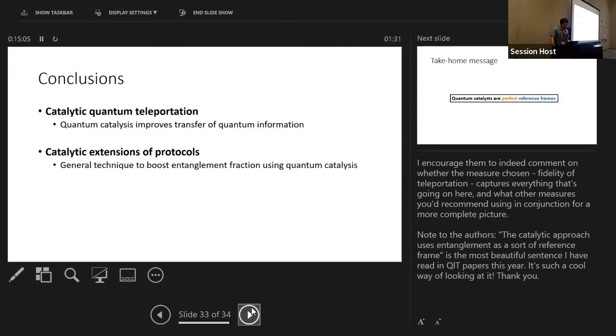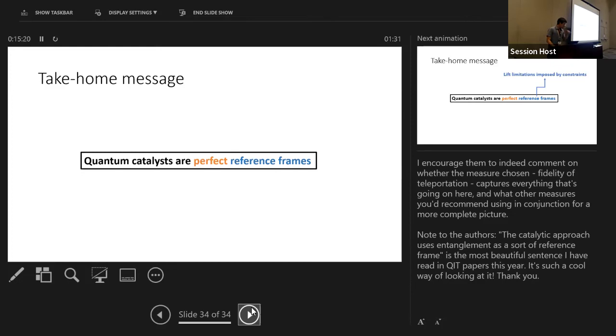And for that particular problem, we found a general technique which allows you to boost entanglement and reuse the state in some other process, with the hope that it will have better properties. Okay, so with this I will finish, but just let me give you some take-home message.